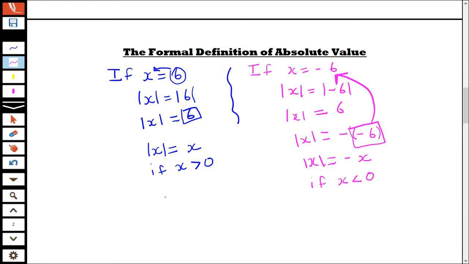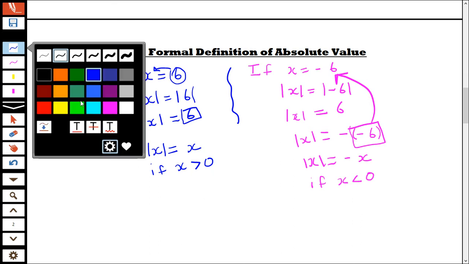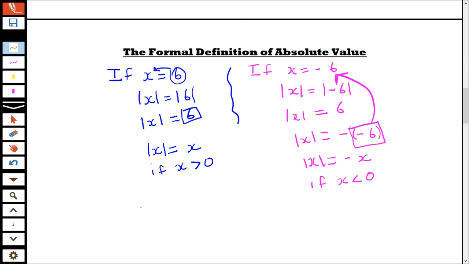Okay. Now, one thing to also consider is what happens if x is equal to 0. Let's change colors for that. Just choose orange for the time being. Okay, so what happens if x equals 0? All right, well, absolute value of x equals absolute value of 0, which also equals 0, doesn't it?